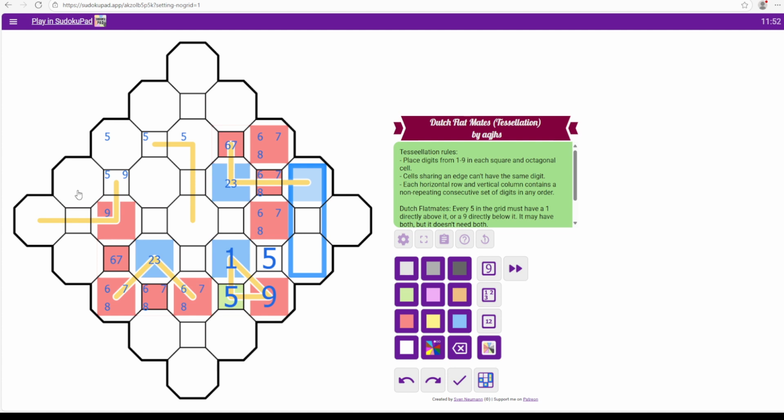So no, those cannot have 5s on. So this must be all blue. So we can do that as 2, 3, 4. We know for certain there's a 2 and a 3 on here. We just don't know why.